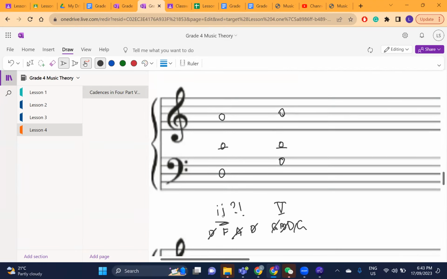A to B and F to G, which I'm putting up here. You know what's nice about this? We're moving in 6ths here. I want to point out this interval because it's partially what makes a 2 to 5 cadence.